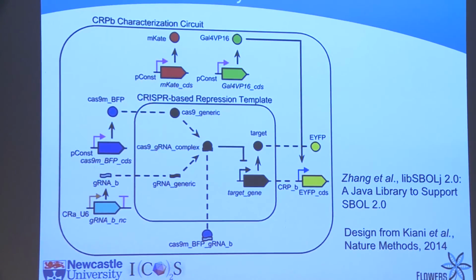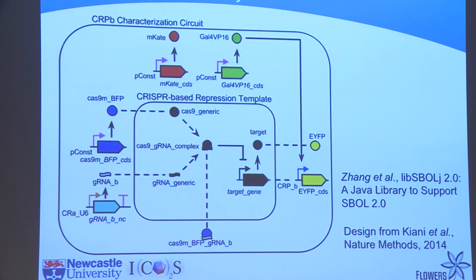This design pattern is expressed as an SBOL module. We have a generic Cas9 enzyme, a generic guide RNA, and a generic target gene that is repressed by this complex. And here is a system that we are now designing using this template.